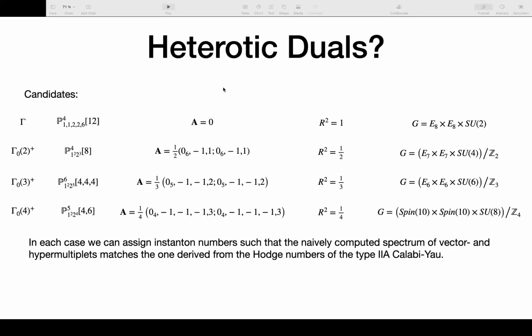And yes, these are the specific Wilson lines for which they arise. And actually, one can also assign instanton numbers such that at least the naively computed spectrum of vector and hypermultiplets matches the Hodge numbers of these type IIA Calabi-Yau compactifications. So that's suggestive, but I have not really precisely constructed a bundle for this group over K3.